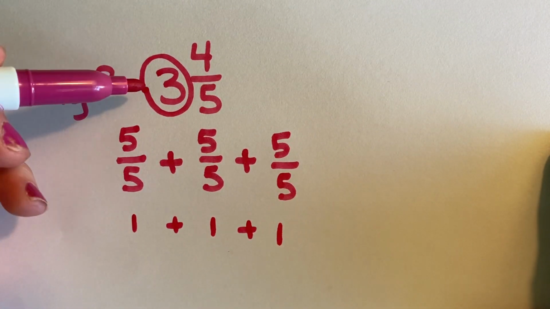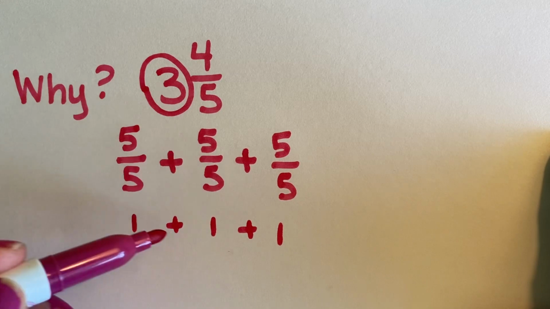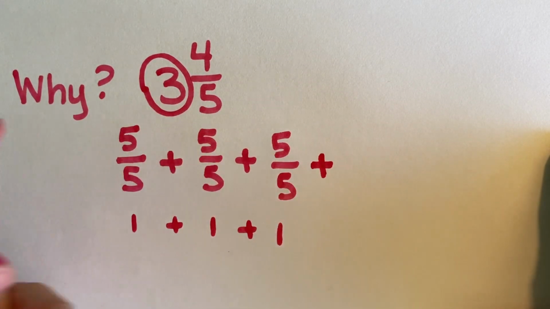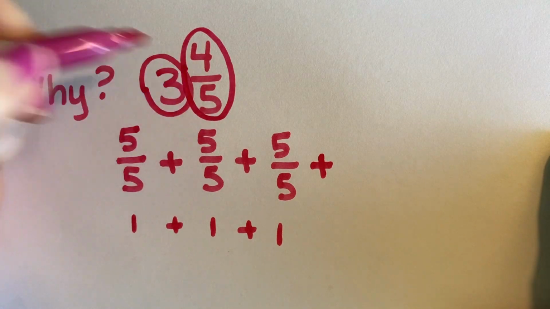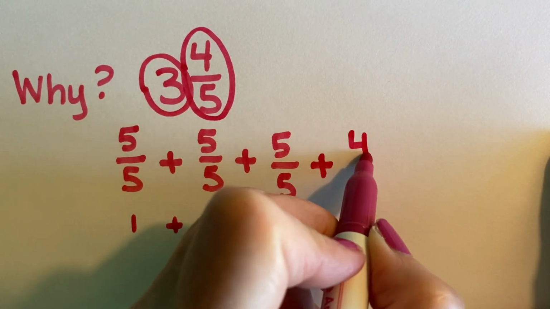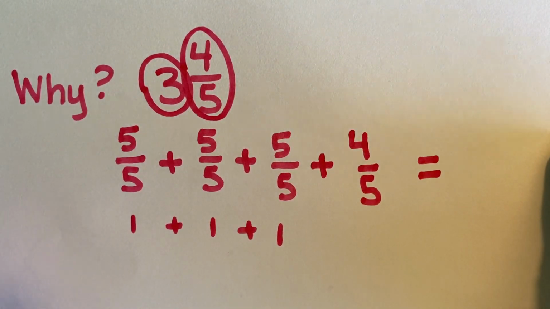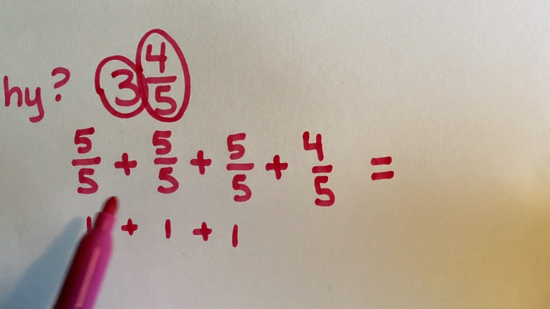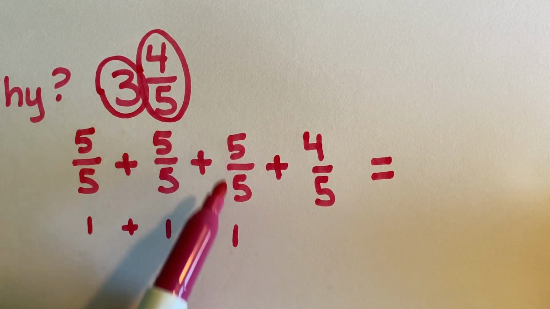That will be our 3. And then in addition to 3, we have to add part of a whole, which is this part. It's not quite 5/5, but it's 4/5. And when you add all of those fractions together, let's see what we get. Well, 5/5 plus 5/5 plus 5/5 plus 4/5.